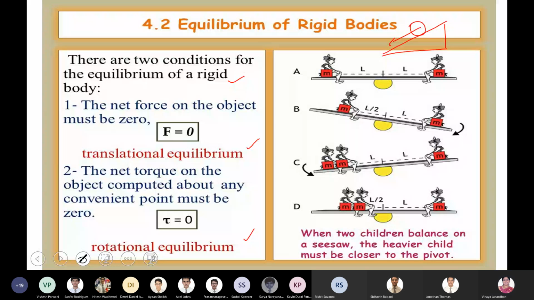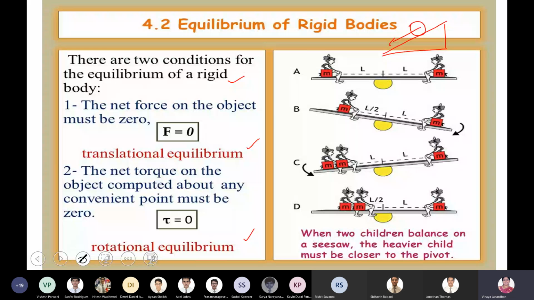There are two conditions for the equilibrium of the rigid body. One is for translational equilibrium: net force on the object must be 0.